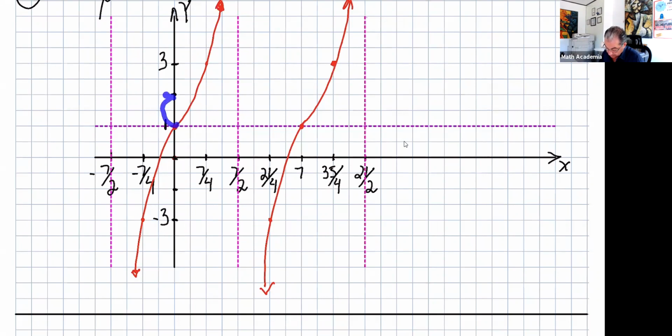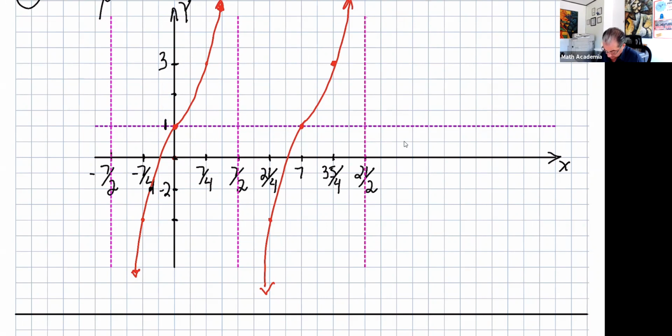If I go up 2, it's 3. If I go down 2, it's negative 2. So maybe we should fix this. Let me fix that, and we can put that point here.